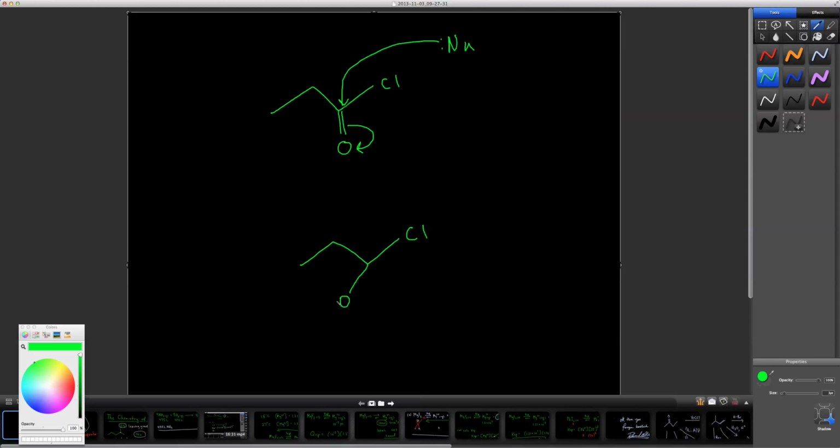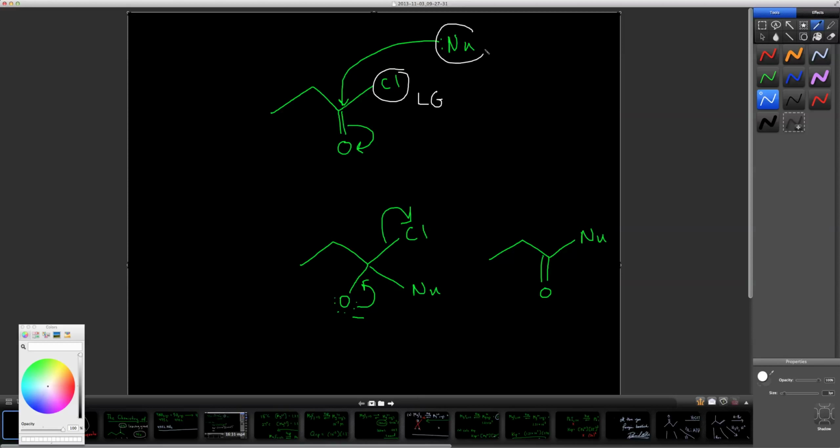This leaves us with a tetrahedral intermediate. And we have a good leaving group. And I hope what you guys see is that we have performed a net substitution where the chloride is the leaving group and our attacking species is the nucleophile.